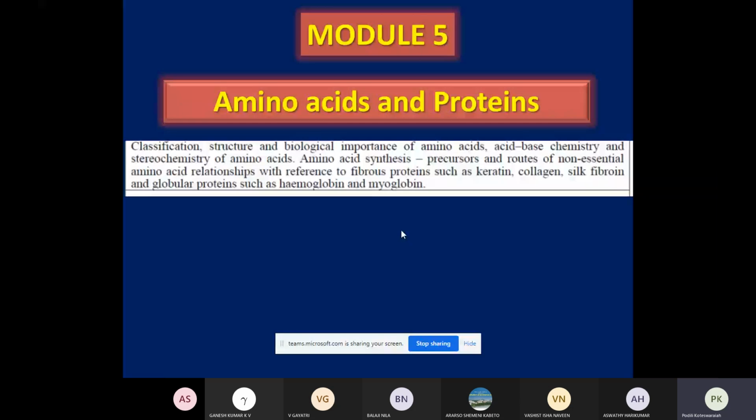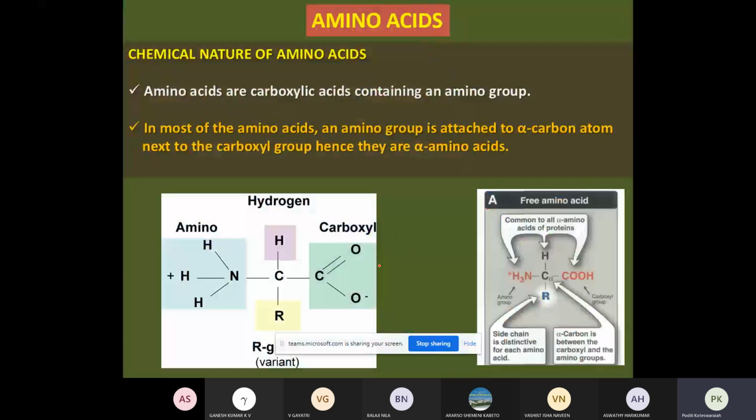Amino acids are carboxylic acids containing an amino group, and in most amino acids the amino group is attached to the alpha carbon. This is the carboxyl group and this is the alpha carbon, the carbon atom next to the carboxyl group. Hence they are called alpha amino acids.